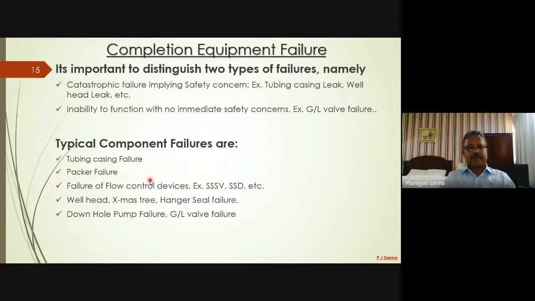Gas lift valve failure, you need a workover, or you may not need a workover, you need an intervention basically. We'll talk about this later on. And sand ingression, sand control failures, for example, the screen might fail, the gravel pack might fail. So these are the typical component failures in the well life.